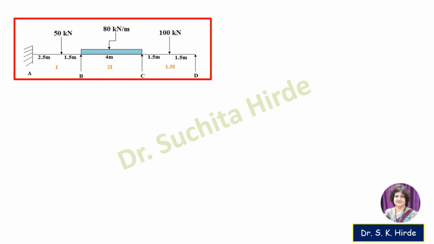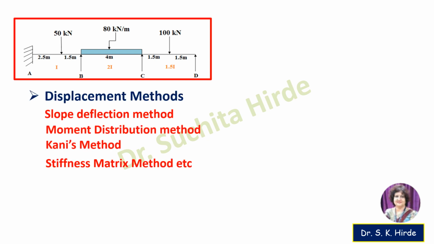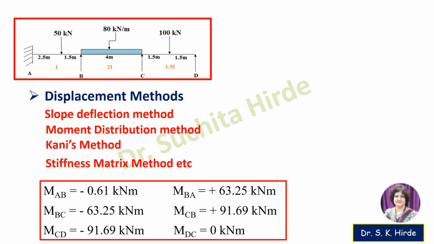Let us see first for displacement method. If you analyze this beam using any of these methods, that is slope deflection method, moment distribution method, Kani's method, stiffness matrix method, etc., you will get such type of result. That means for each member you will get two values at the ends of the member.